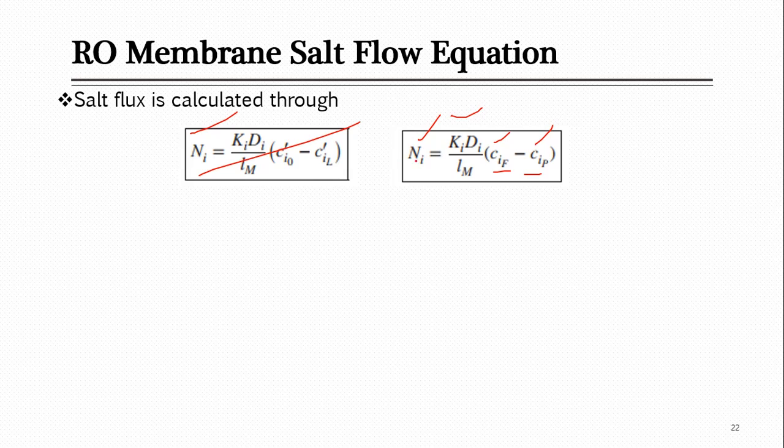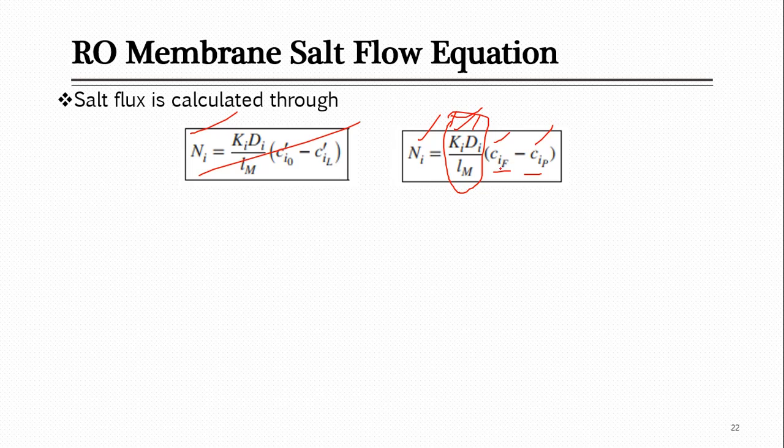Overall, you can see again that for any salt component, if you are calculating its flow or number of moles through some membrane, that will be equal to the permeance, that is, permeability divided by the thickness of the membrane. Here, permeability is given in terms of the mass transfer coefficient and diffusivity.